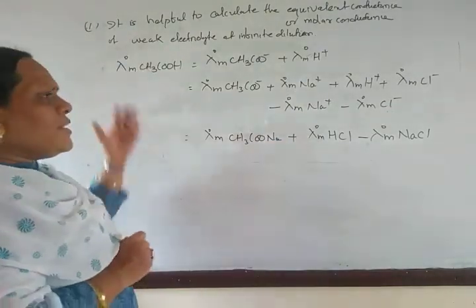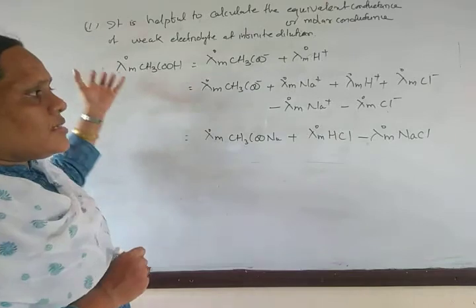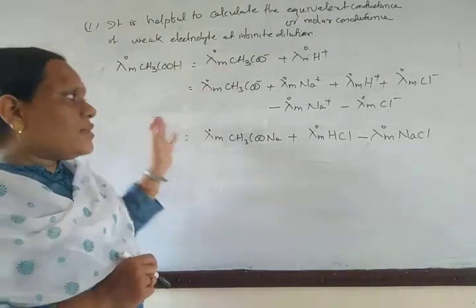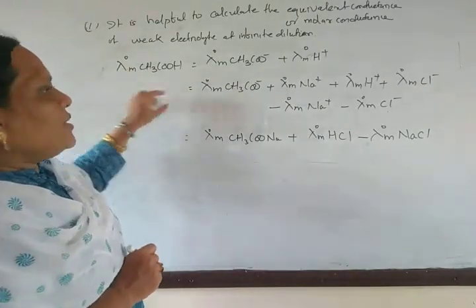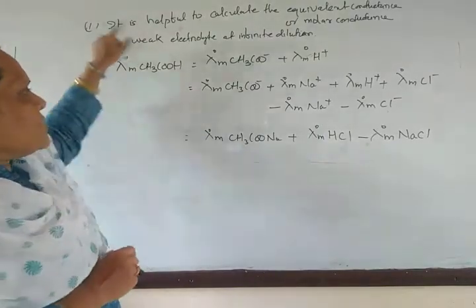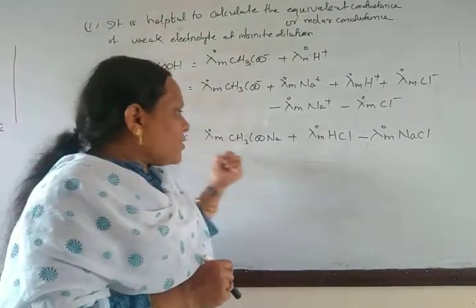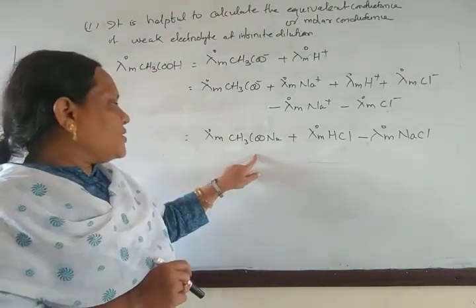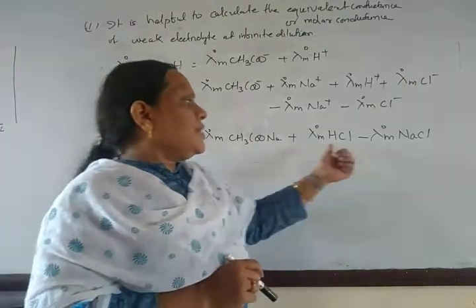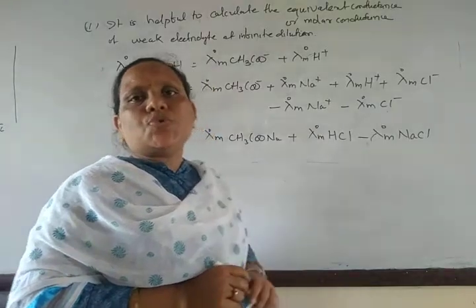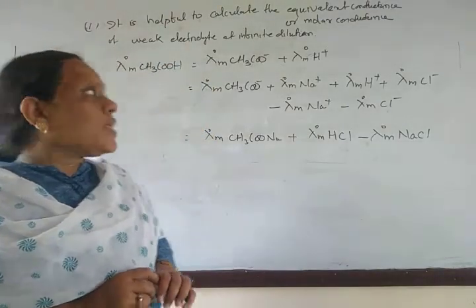We will discuss some numerical problems after that. So acetic acid can be determined by using the limiting molar conductance of sodium acetate, hydrochloric acid and sodium chloride. Okay.